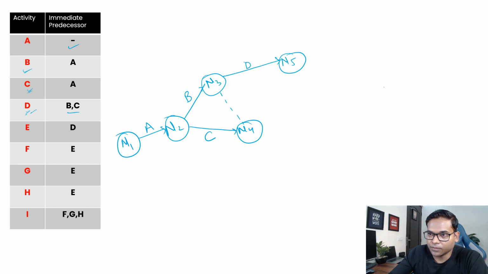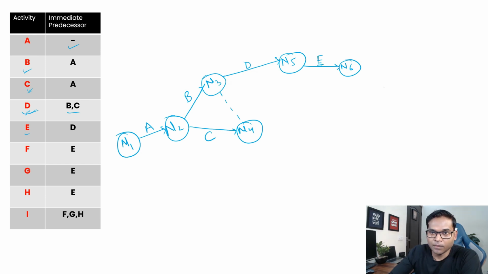I forgot to put the arrow. So now the activity D is also drawn, which is coming out of B and C. Now you need E. E needs to be drawn from D, so we do node 6, and that's your E.